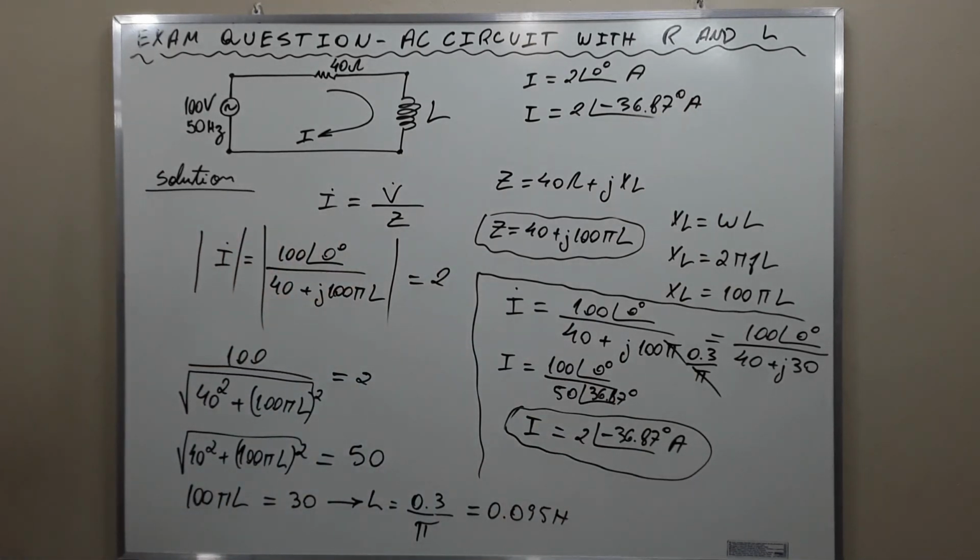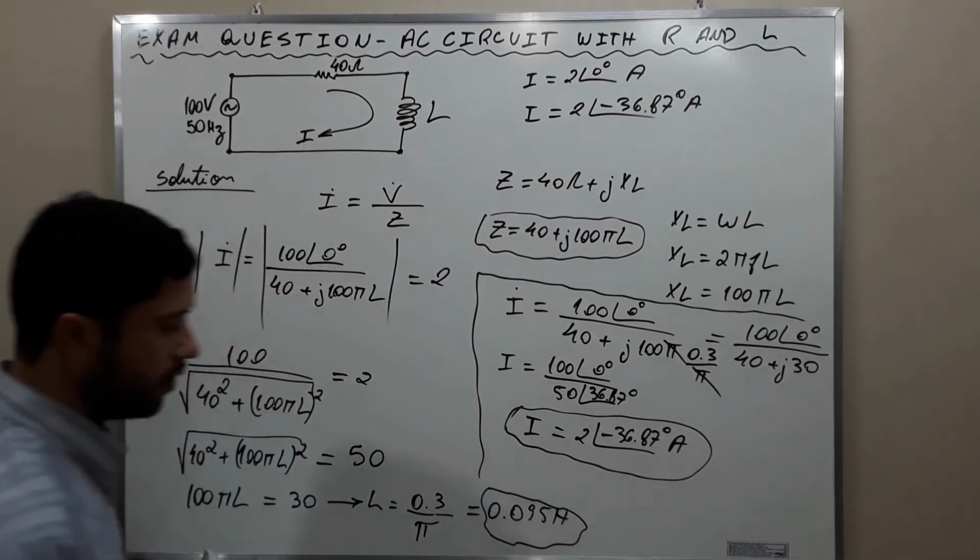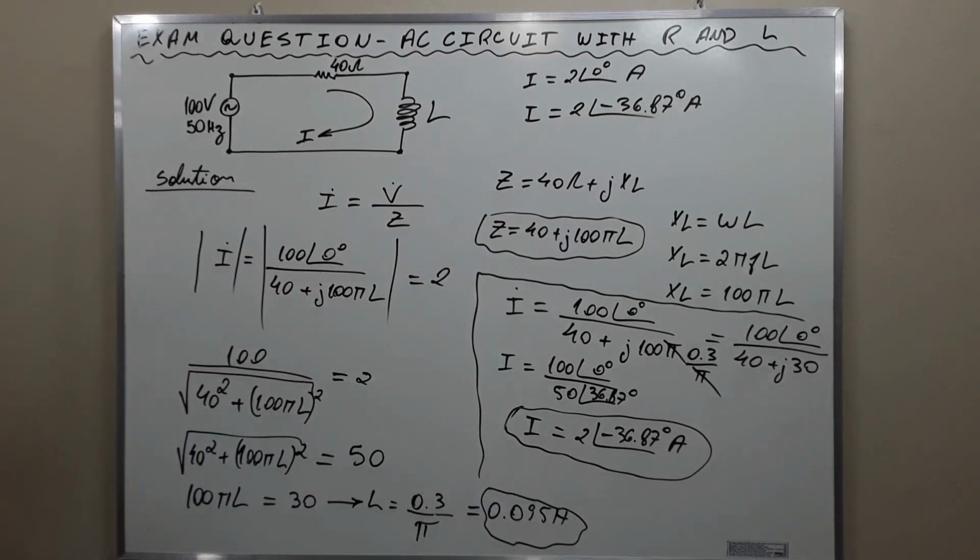The phase changed, but the magnitude has been preserved. And this is exactly what the exercise wants us to do. So this is the value of the inductance that preserves the magnitude of the current.